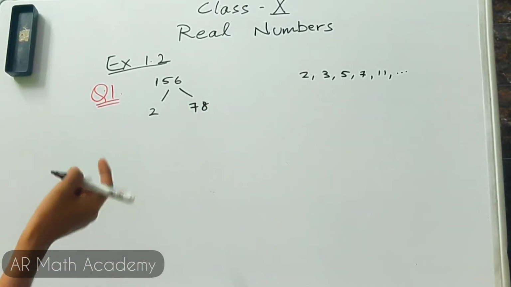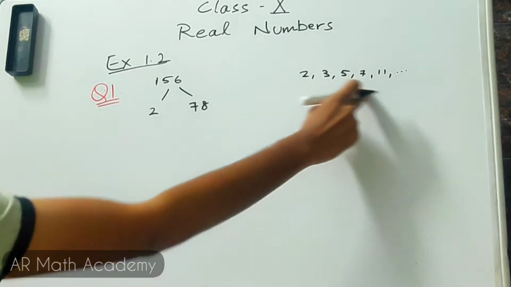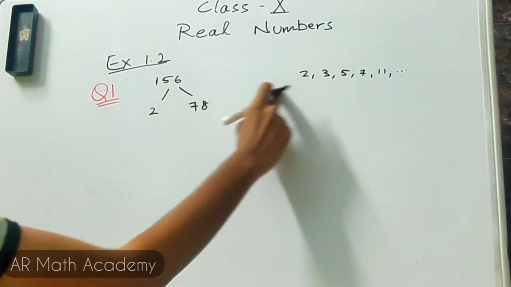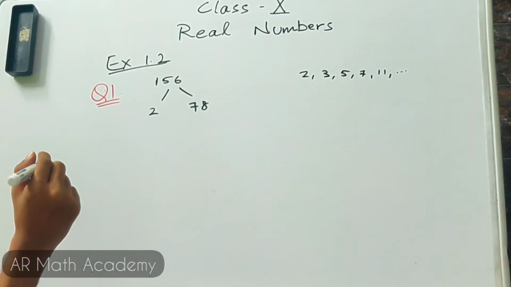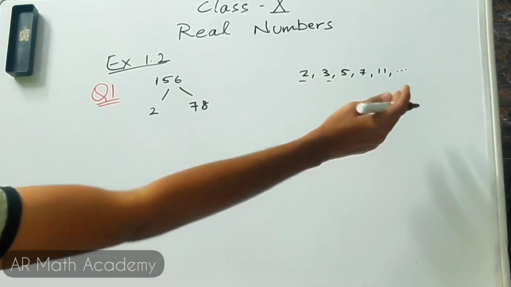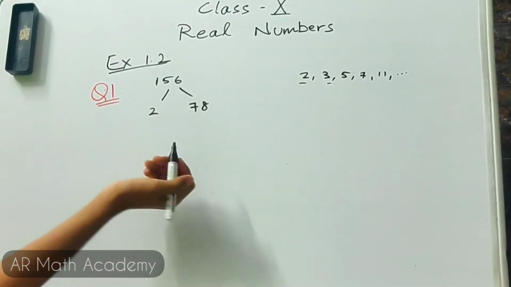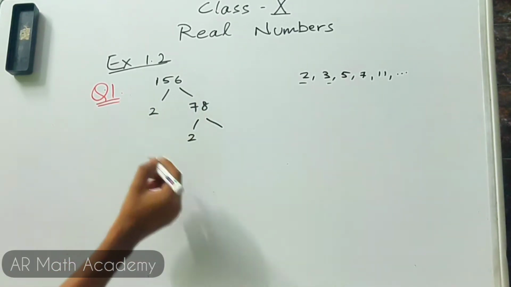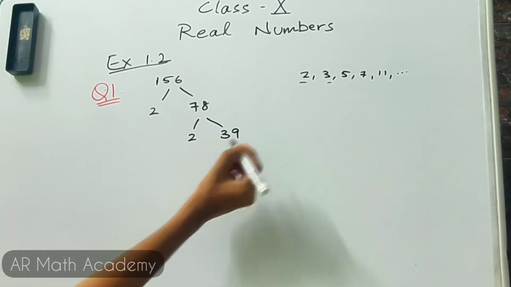Yes, 78. Now again check the lowest prime factors for 78, with 2, 3, 5 and 7 in order. The first number, 2, itself divides 78, giving 39.